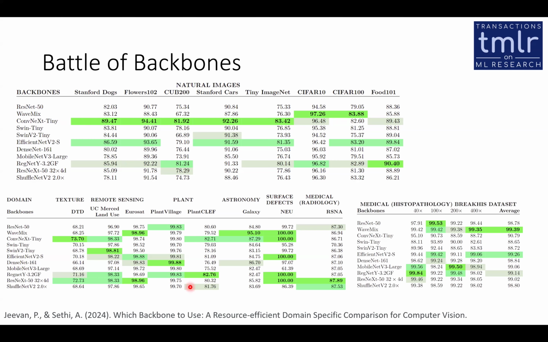Then there are certain architectures like WaveMix, which performs very well in certain tasks but not in others. For example, WaveMix works very well on histopathology and galaxy data, and on CIFAR and CIFAR-100, but not that well in other tasks. So there are some domains which have an architectural affinity with certain architectures, and that is what we observed in this particular experiment.